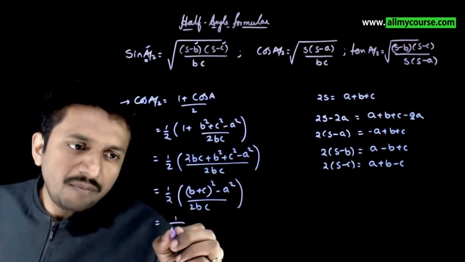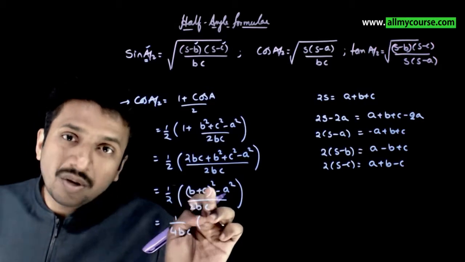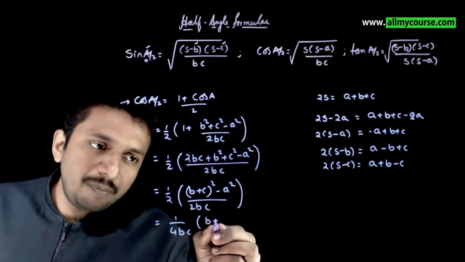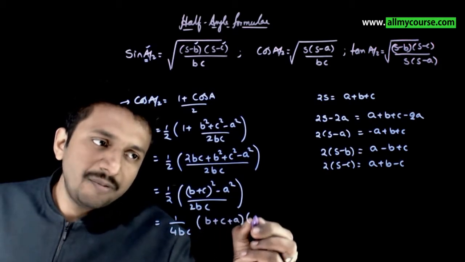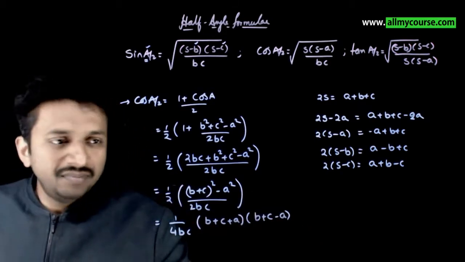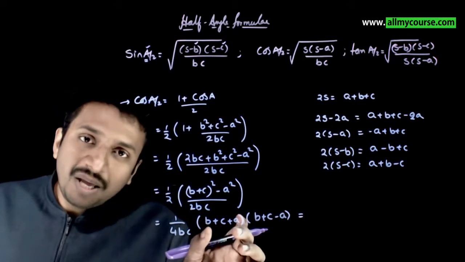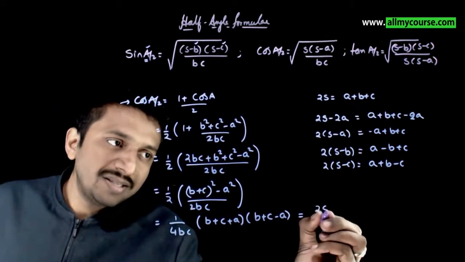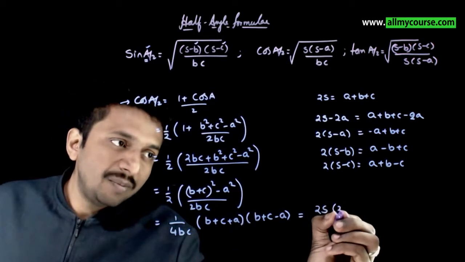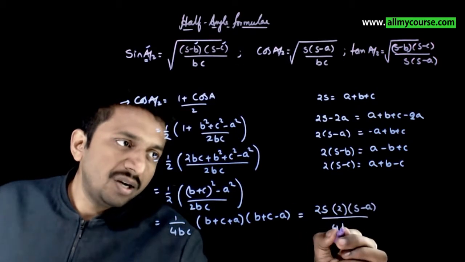That is equal to 1 by 4BC times, this is also of the form A square minus B square, so (B plus C plus A) into (B plus C minus A). Using the same derivations we have done, B plus C plus A is nothing but 2S, and B plus C minus A is nothing but 2 times (S minus A), by 4BC.